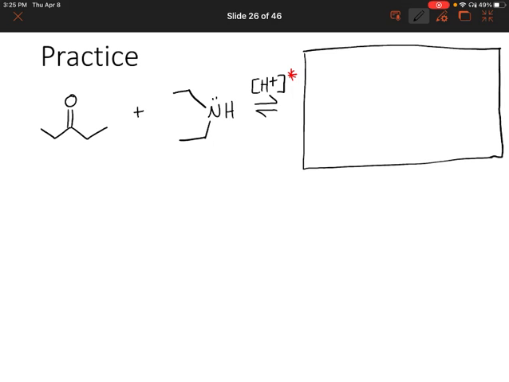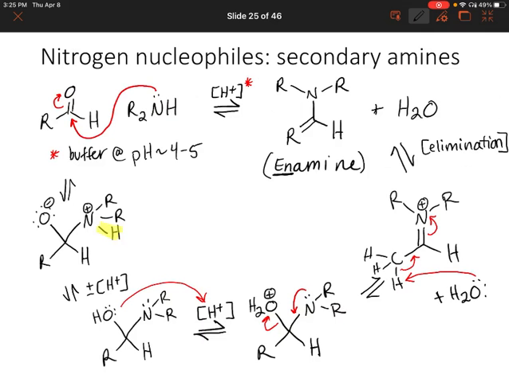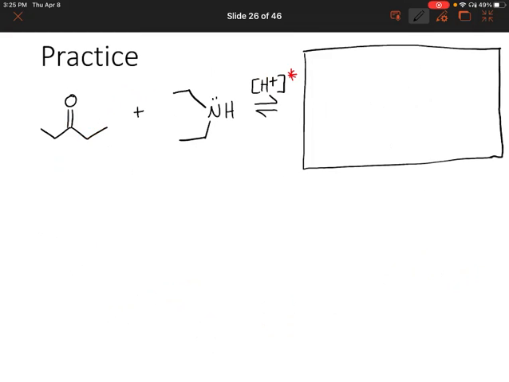Okay, so let's go back to our mechanism here, since we know we have a secondary amine. So looking at our final product, we know that we'll have our nitrogen up above with its 2 alkyl groups, and down below we'll have a double bond and our other group.